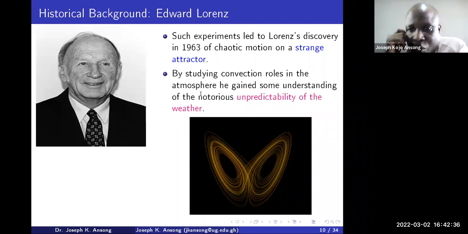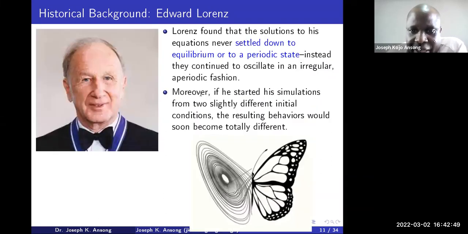By studying convection rolls in the atmosphere, he gained some understanding of the fact that the weather is really unpredictable, based on the fact that it is a nonlinear and chaotic system. And he found that solutions never settled. He looked at three solutions. The solutions never settled to equilibrium. They had this crazy behavior going on. Instead of nice, continuous oscillations like sines and cosines, his solutions were very chaotic.